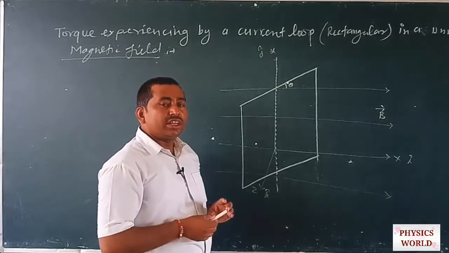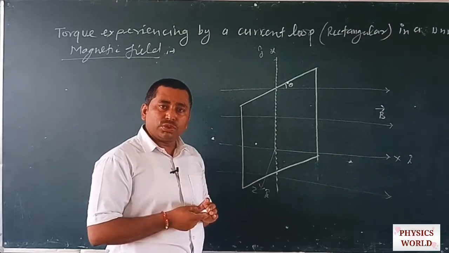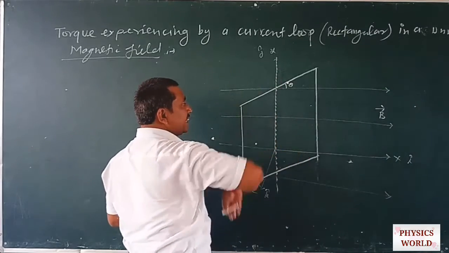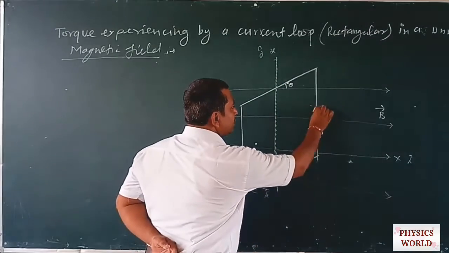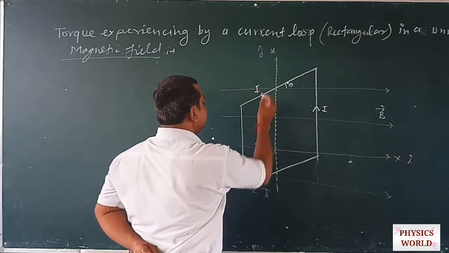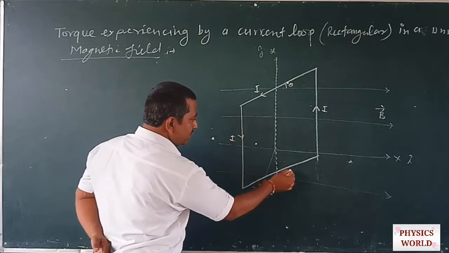Suppose a current I is flowing through the coil in the anti-clockwise direction, like such that here is I, here is I, here is I.